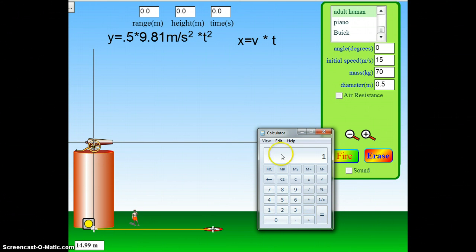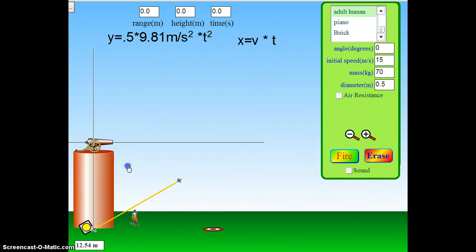Excellent. So we put in our time of 1 second, and square it: 1 second times 1 second equals 1, times 9.81 times 0.5. Our height must be 4.905 meters.